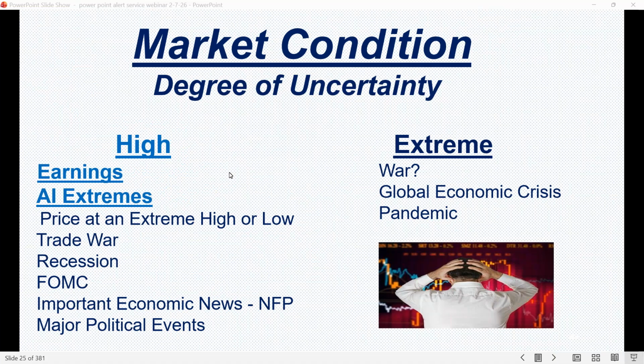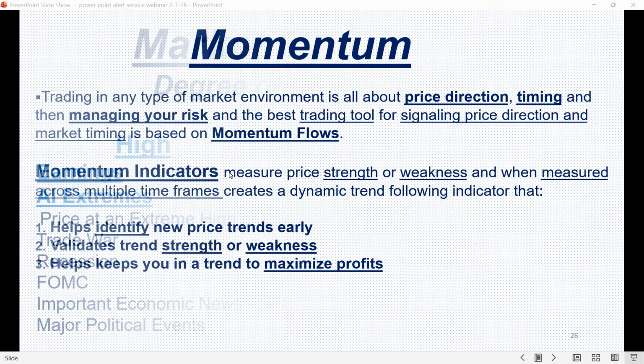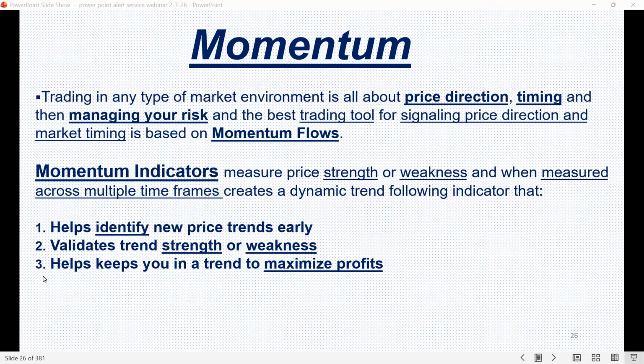We saw that volatility spike a little bit last week due to that uncertainty. Now the next thing is momentum. When we're trading any type of market environment, it's all about price direction, timing, and then managing the risk of your trade. The best trading tool I've found for signaling price direction and market timing is based on momentum flows.